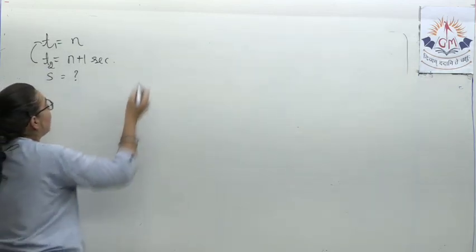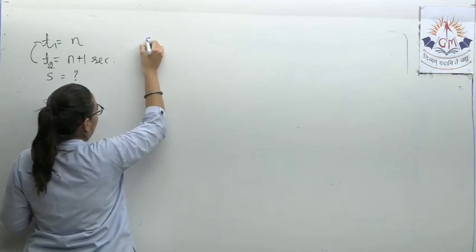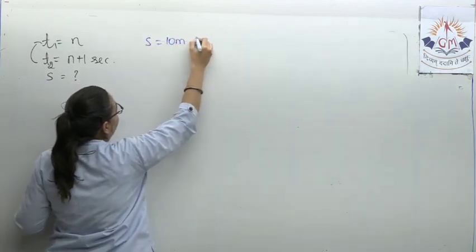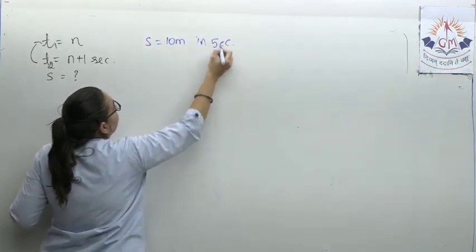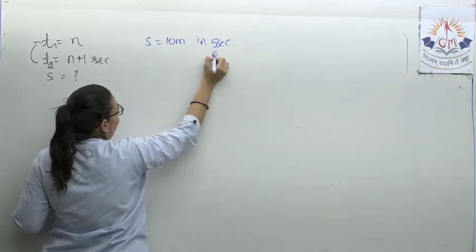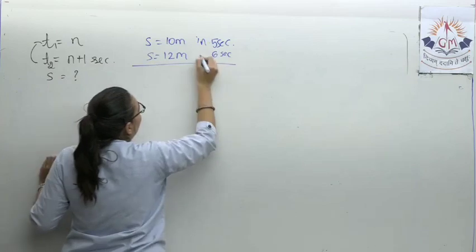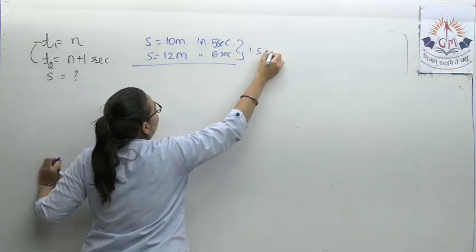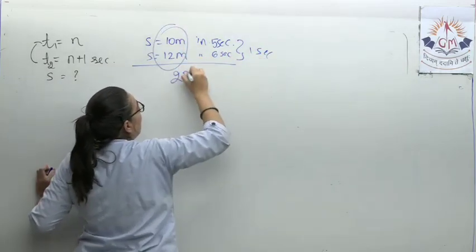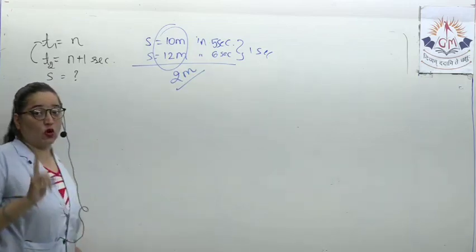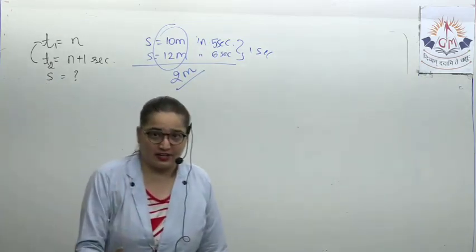Suppose the object covered s equals 10 meter in 5 seconds. In the 6th second, the object covered 12 meter. Then how much has it covered in this 1 second? It has covered the distance of 2 meter when it is going with uniform acceleration.